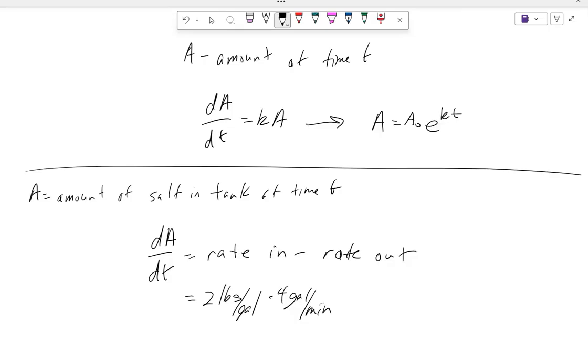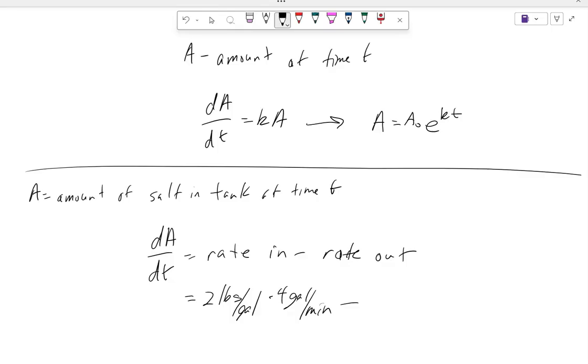Okay. That part's relatively straightforward. Why is that relatively straightforward? Because the brine is coming in at a fixed concentration, right? We know it's 2 pounds per gallon, right?